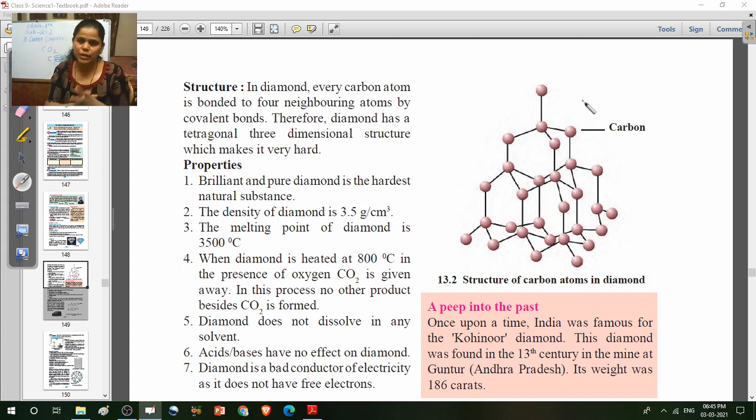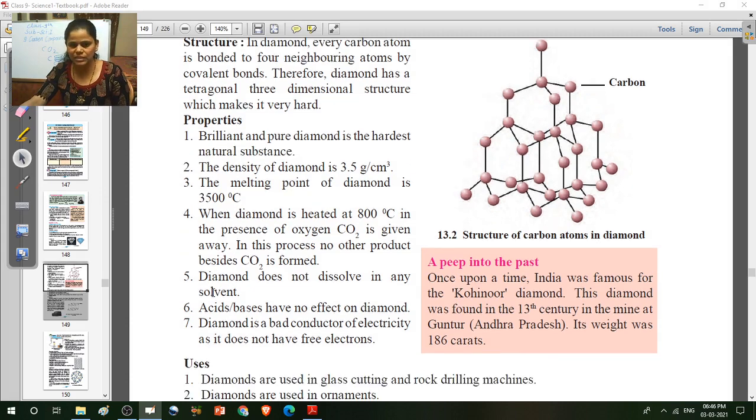Every carbon atom is stable. So that's why diamond is a bad conductor of electricity, and it does not have free electrons. Why? Because every carbon atom is bonded with four other carbon atoms with a covalent bond. Clear? That means not a single electron is free in this case.